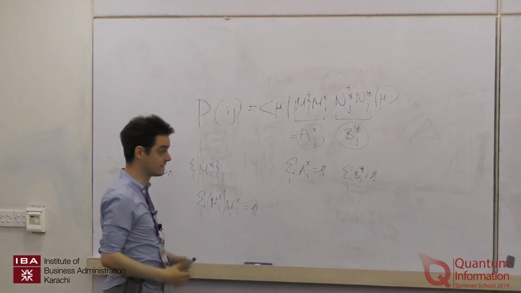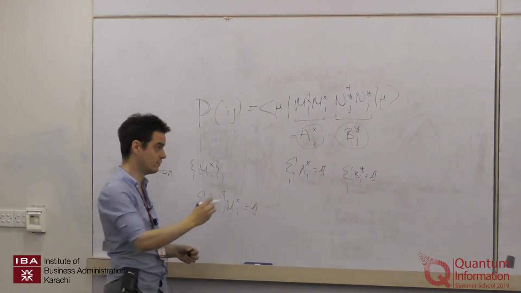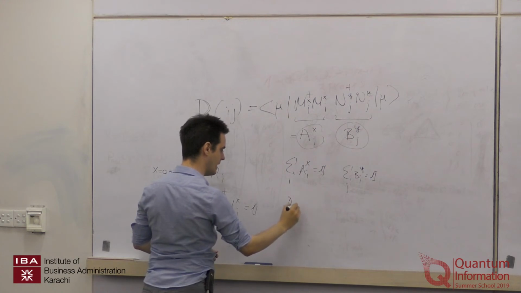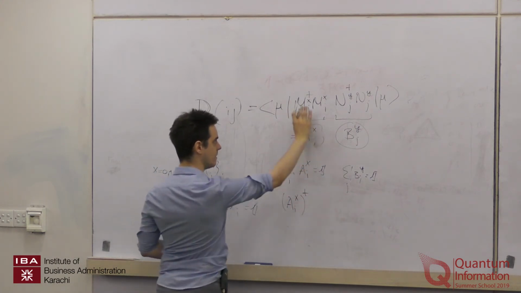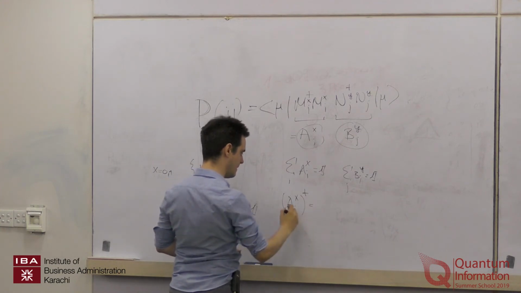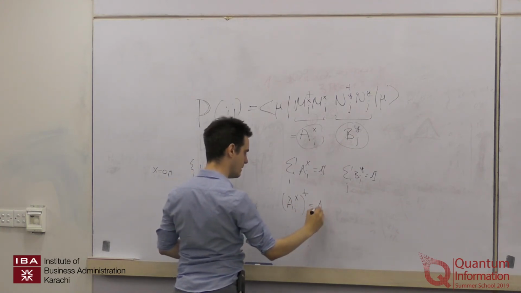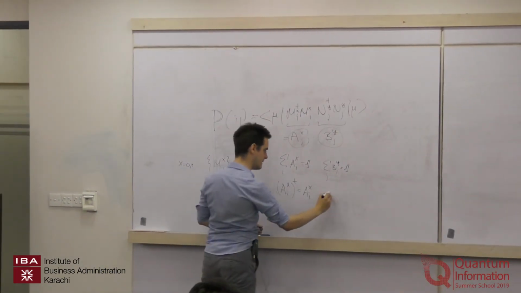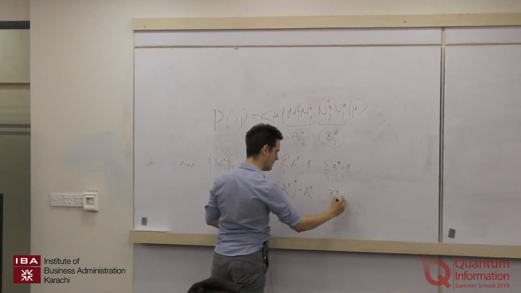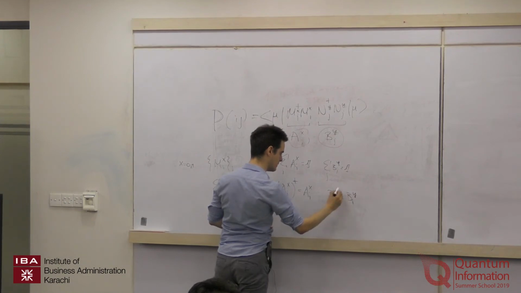Actually, there is even more that I can do with those new variables. First of all, A_{I|x}, I leave that to you to check later, but the way it's defined, this one is equal to its own adjoint. And the same for B_{J|y}: it's equal to its own adjoint.